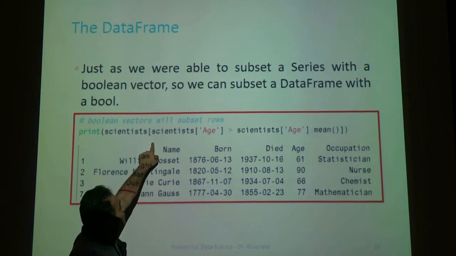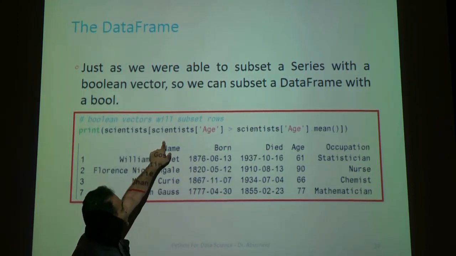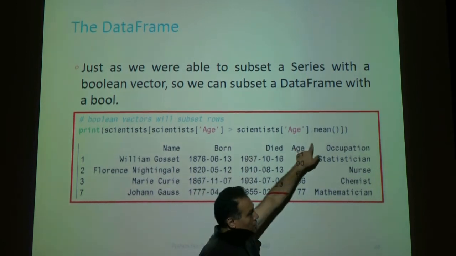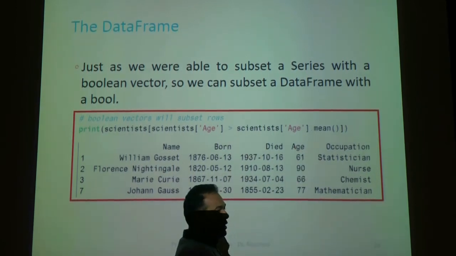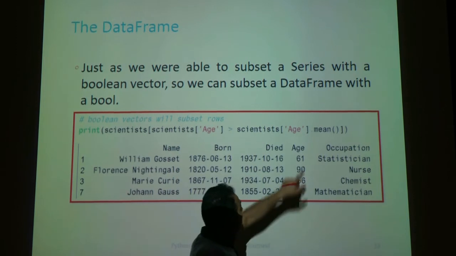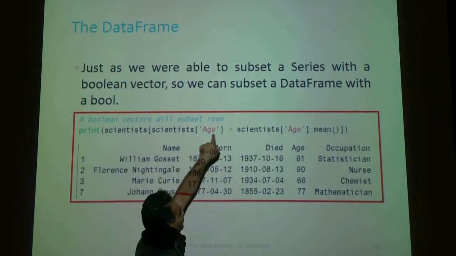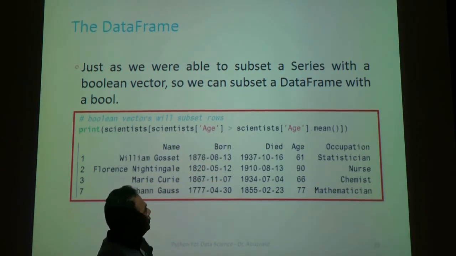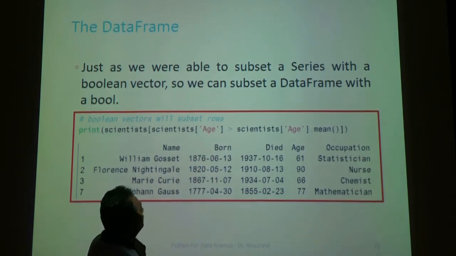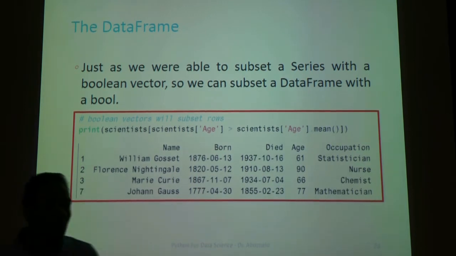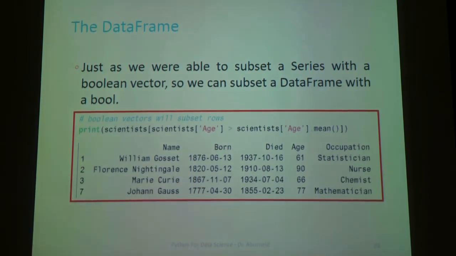So which row are you gonna pick? Where scientist age is greater than scientist age mean. So what is the first thing you're gonna calculate? The mean. And then you're gonna compare the age with the mean. If it's greater, print it. Alright? And print what? All the rows.